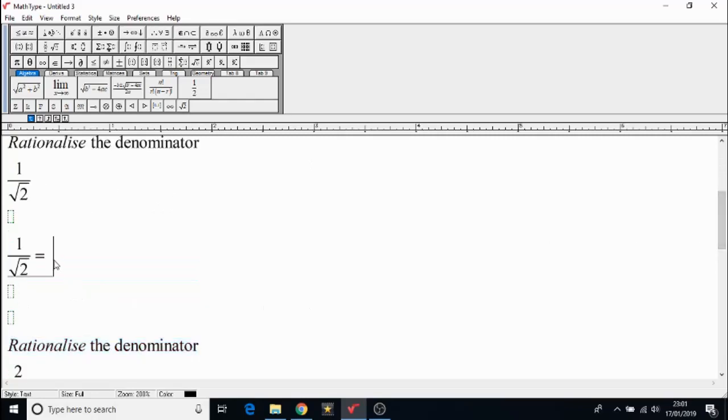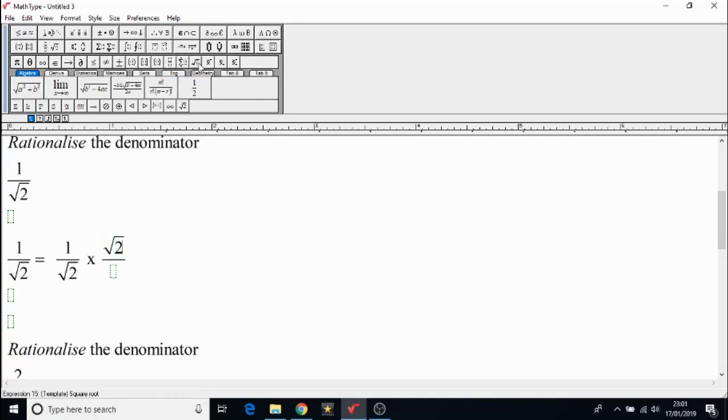Okay, so we're going to do 1 over the square root of 2 multiplied by the square root of 2 over the square root of 2.